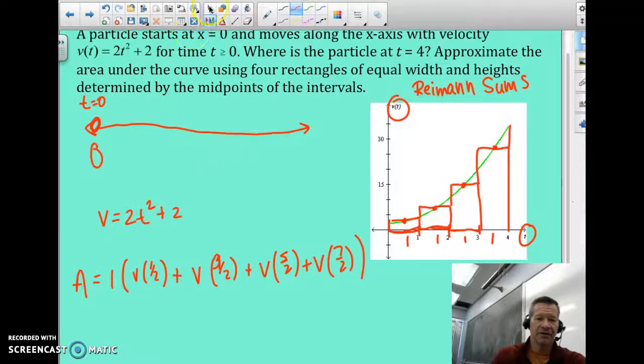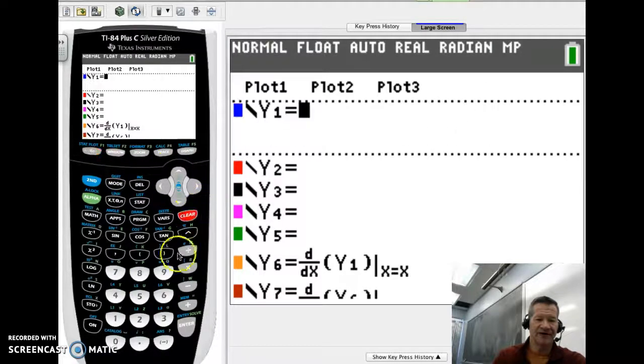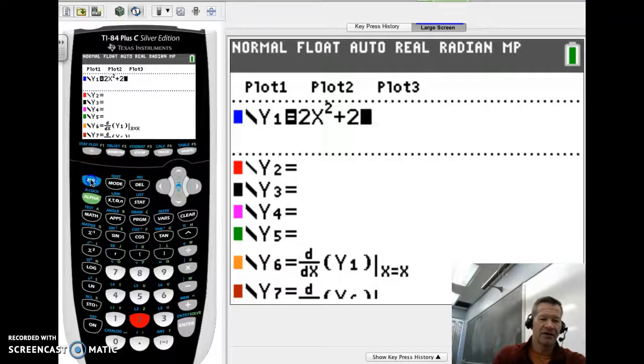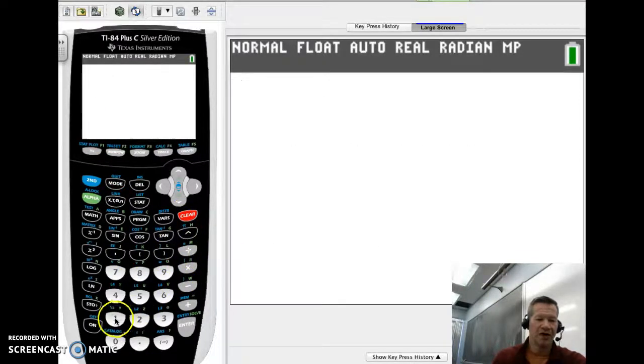Okay, so I'm going to go to my calculator and type in my y equals menu the velocity, which was 2t squared plus 2. From there, I'm going back to my home screen to type in that expression. So 1 times, I have the velocity function in y1.